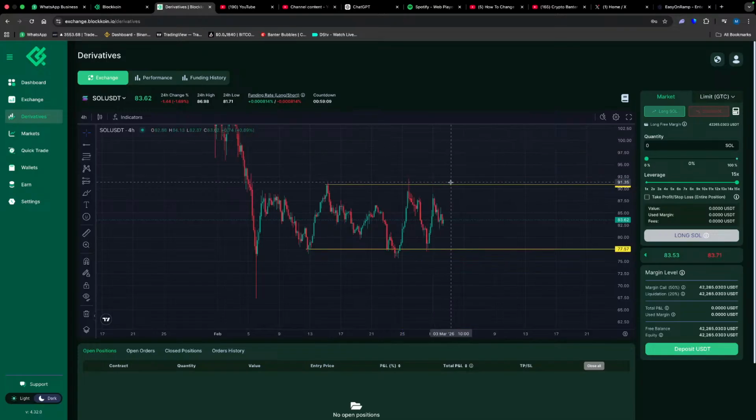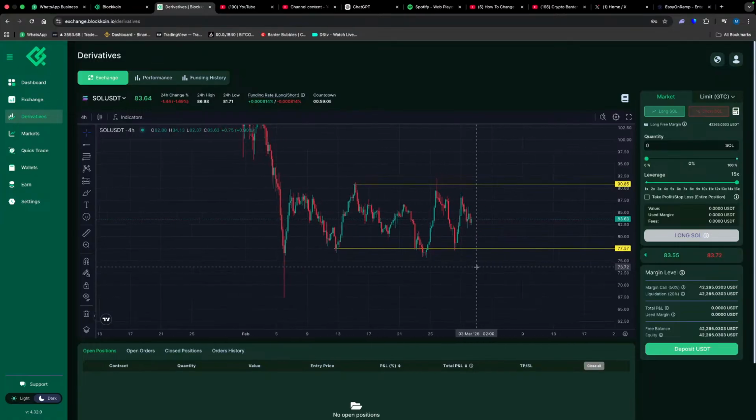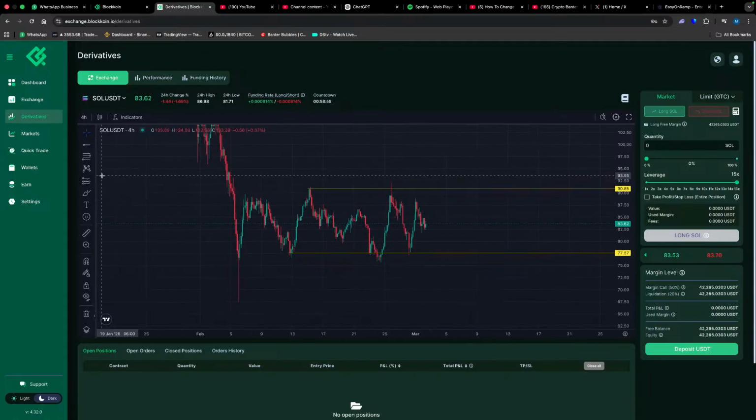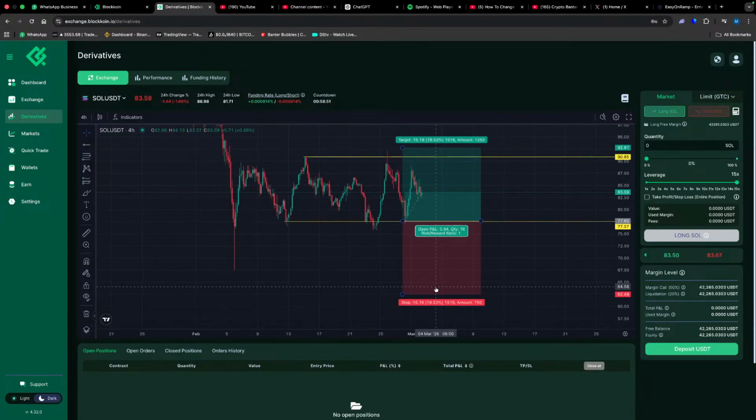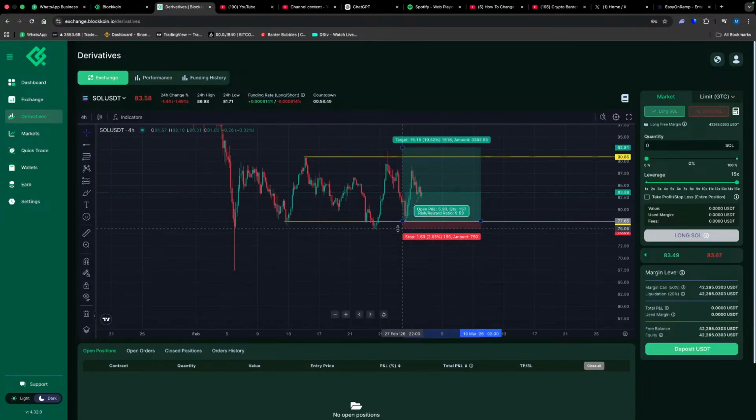So moving on into step 3, what not to do with your stop loss. Do not place stop losses too tight to increase your position size, and do not move stops emotionally after entering. So an idea of a tight stop loss would be this over here, just like trying to get the perfect risk to reward ratio.